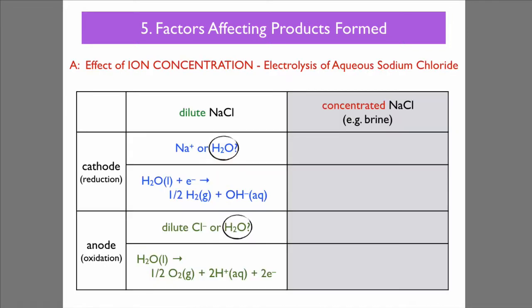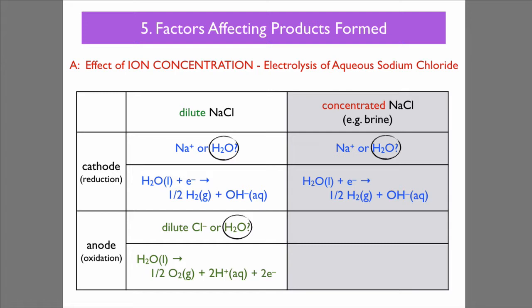So, the effective ion concentration. The electrolysis of aqueous sodium chloride. So mainly just looking at the chloride ion here. At the cathode, with dilute sodium chloride, is it sodium or water? Well, we know already that it's water because we looked at that in the previous slide. And so we're going to get hydrogen gas and the hydroxide ions forming.